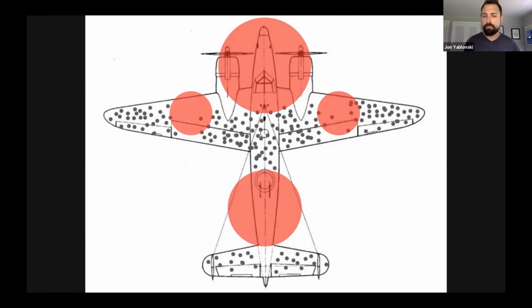His reasoning was that it was these areas that, once they sustained damage, the planes didn't make it back at all. That was the fallacy in the researchers' thinking, because they hadn't considered the planes that were not in their data set at all.